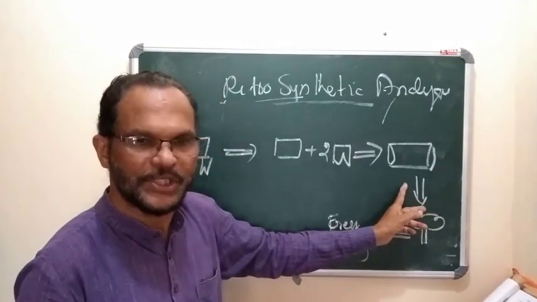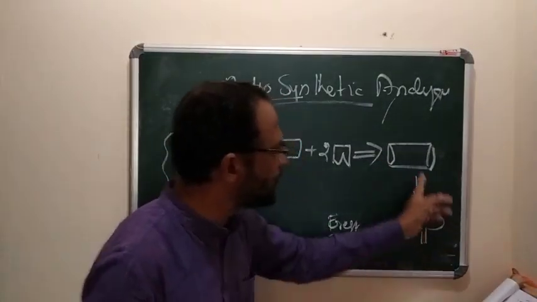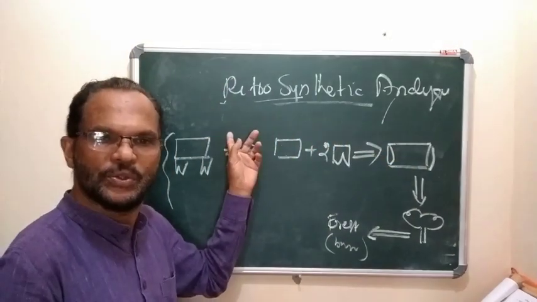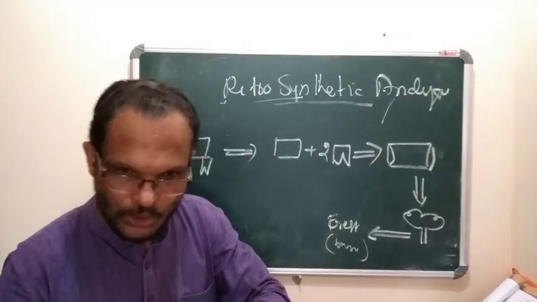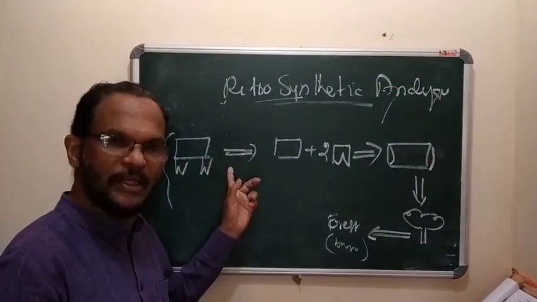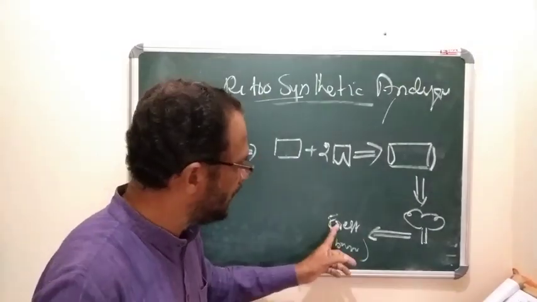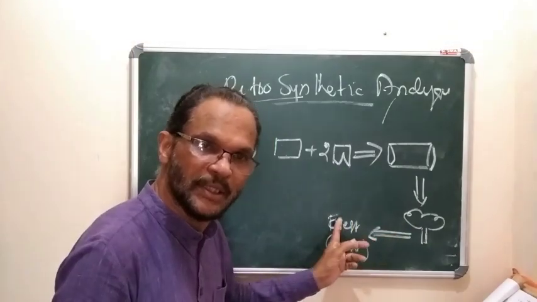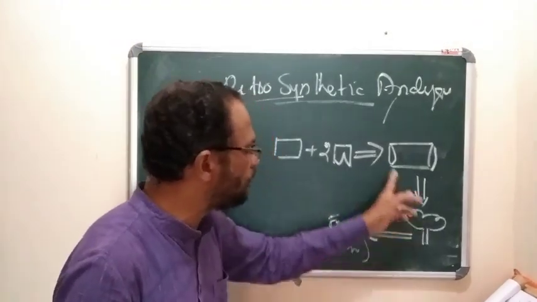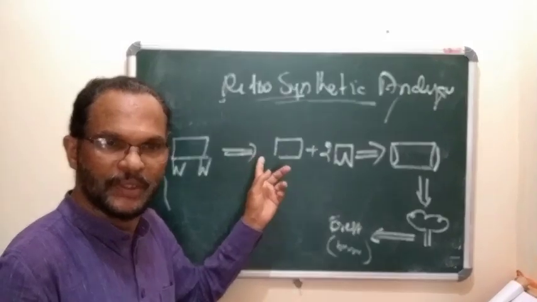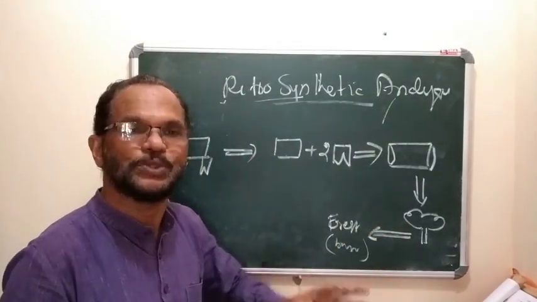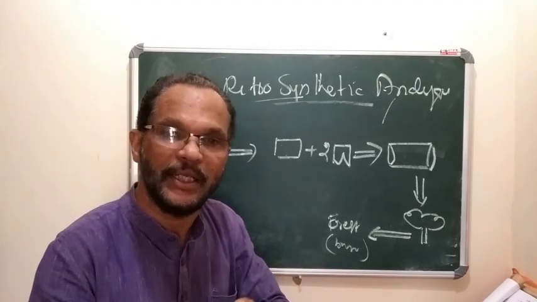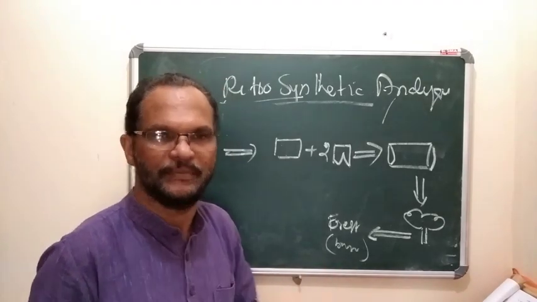In real synthesis, you just have to reverse the process. So, these retrosynthetic aspects help us to identify the starting material, and moreover the stages, the better and easier way of synthesizing this molecule. And this is the most economical as well as eco-friendly method.